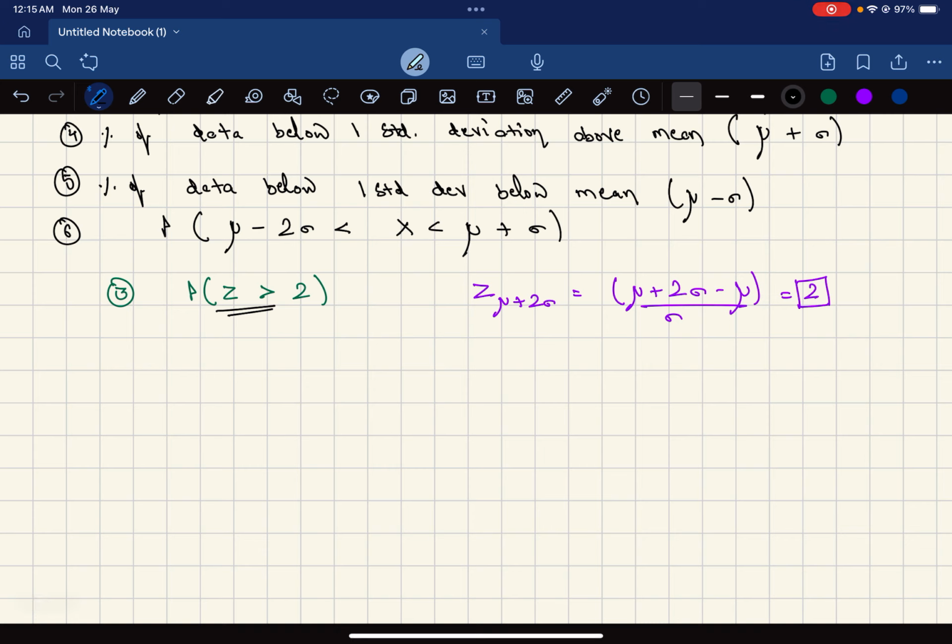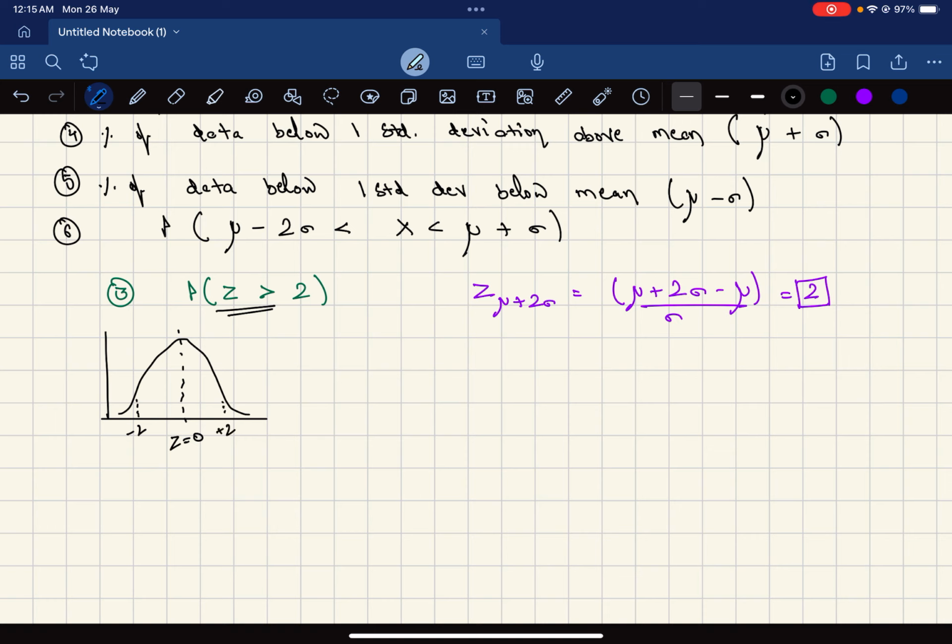Let us say we take a normal distribution, and this is the center, z equal to 0. For a standard normal distribution, the mean is 0. Now, let us say we put minus 2 here and plus 2 here.